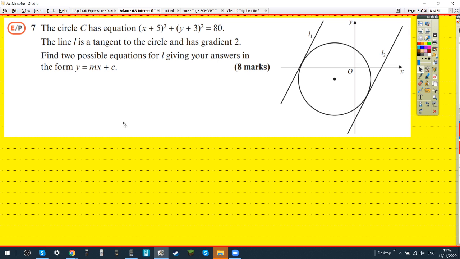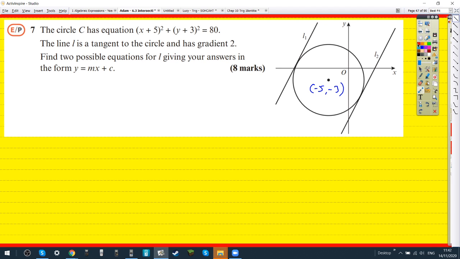So the center is -5, -3. The radius is square root of 80. So can we sub -5 and -3 into y equals mx plus c?